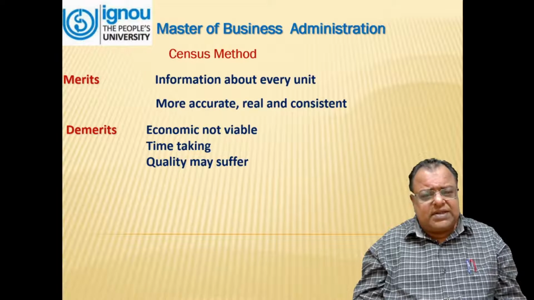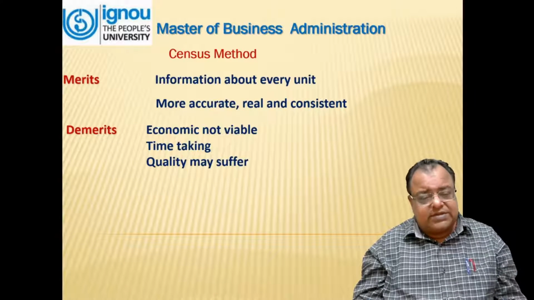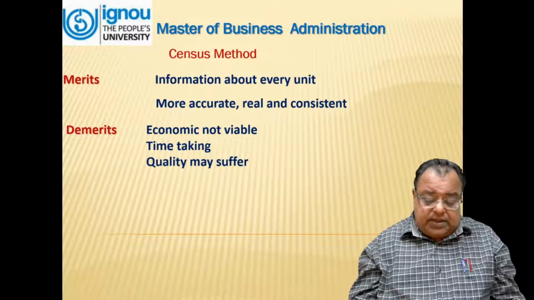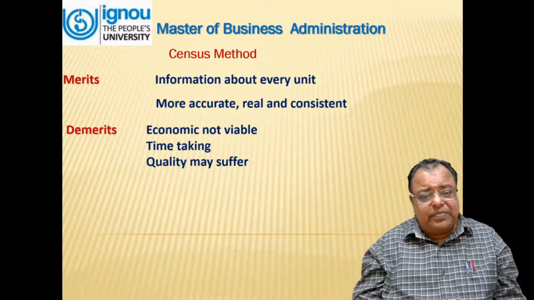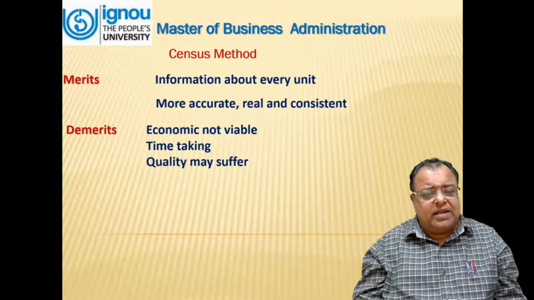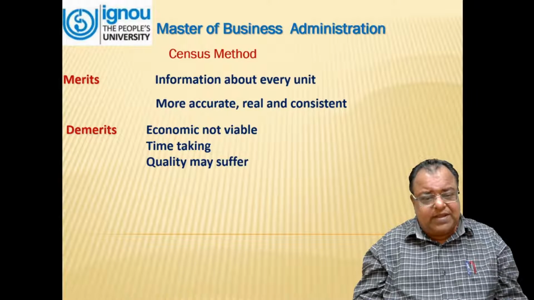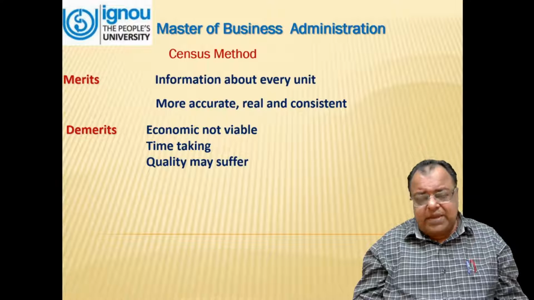The merit of the Census method is that the information is about every unit we are considering, and it is more accurate, real, and consistent. This has demerits also. It is not viable economically. It is time consuming and quality may suffer.